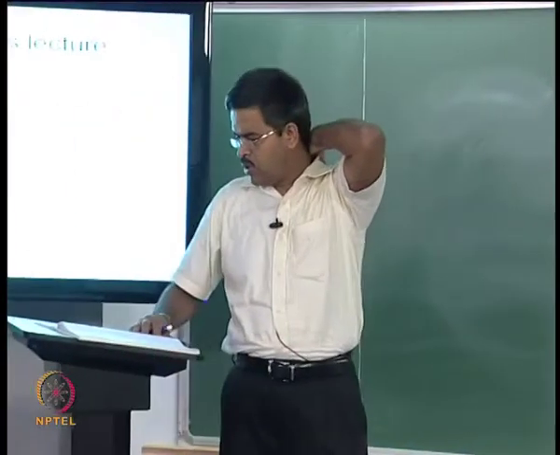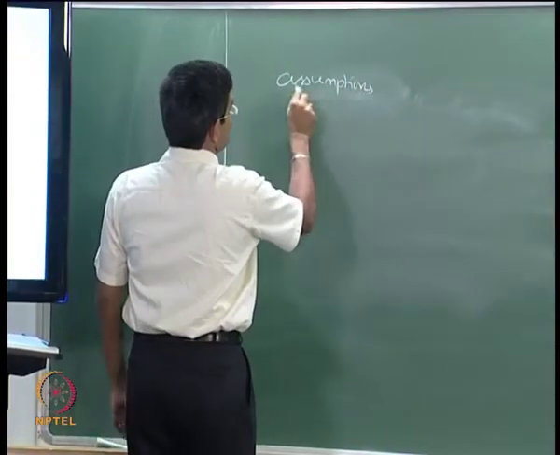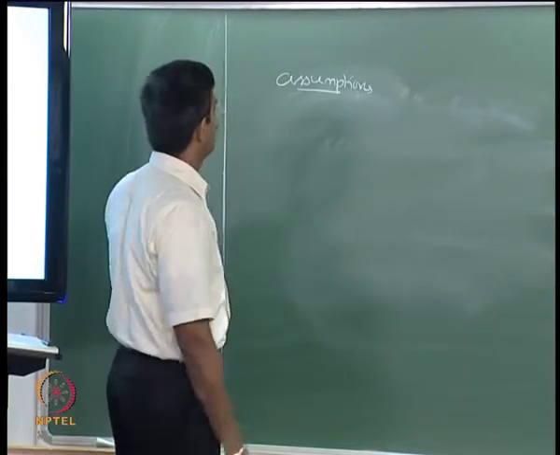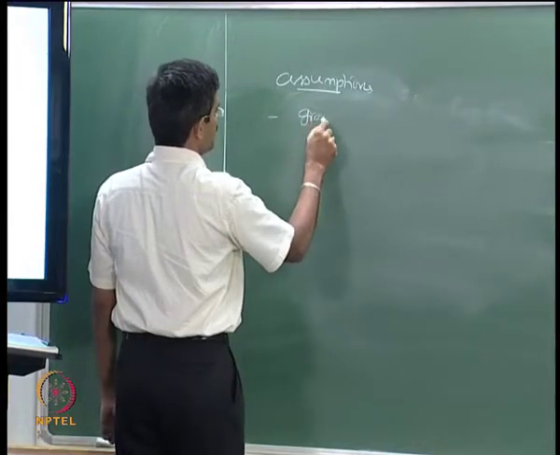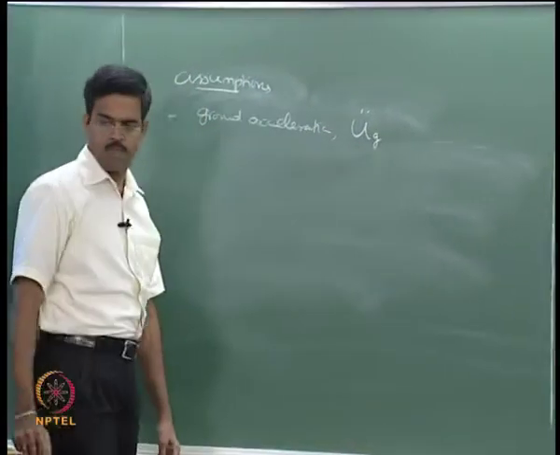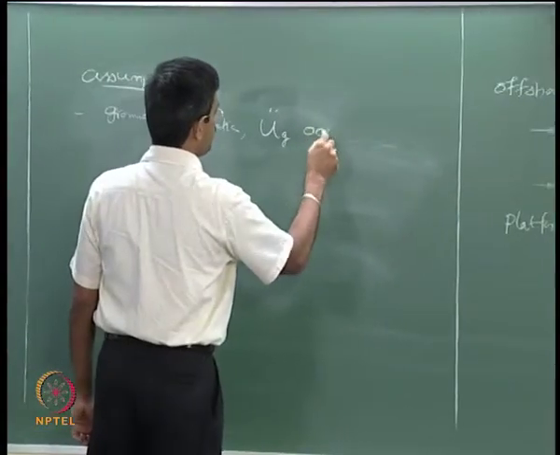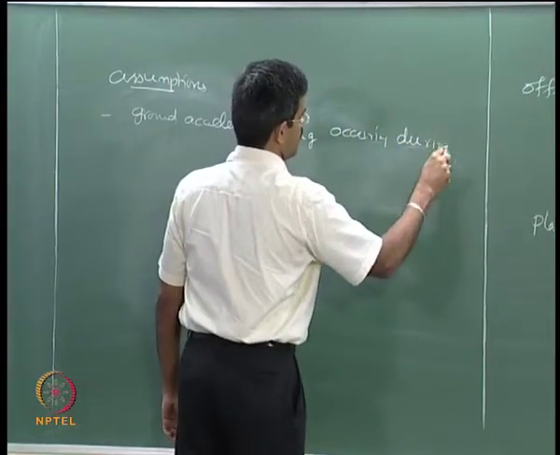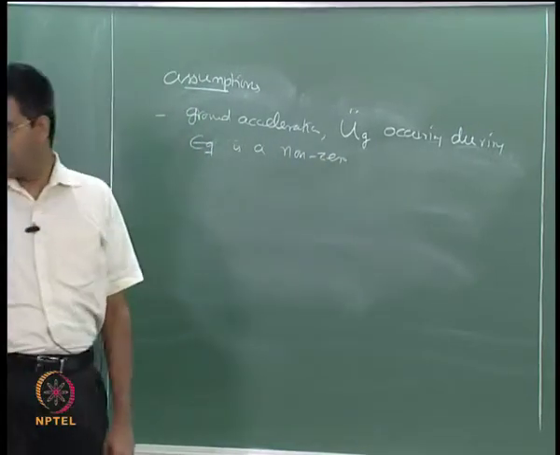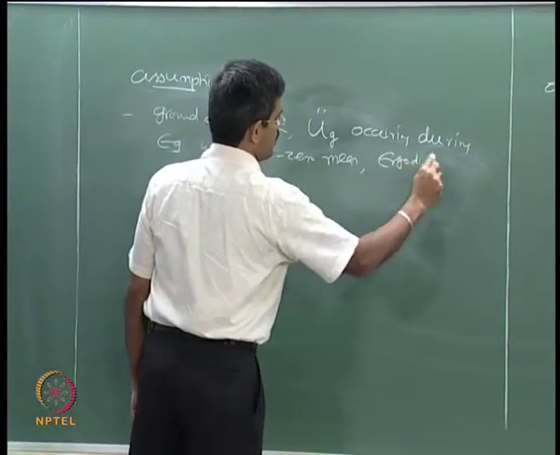We say that the ground acceleration, which I write as u double dot g, occurring during an earthquake is a non-zero mean ergodic Gaussian process.